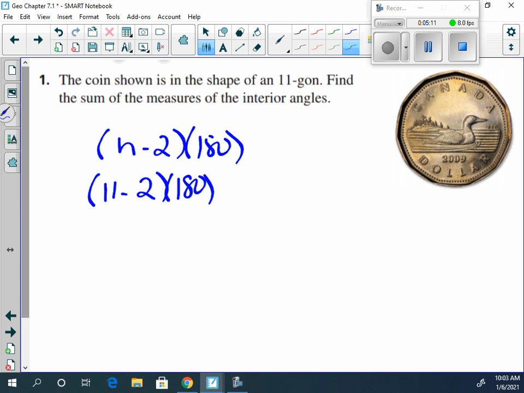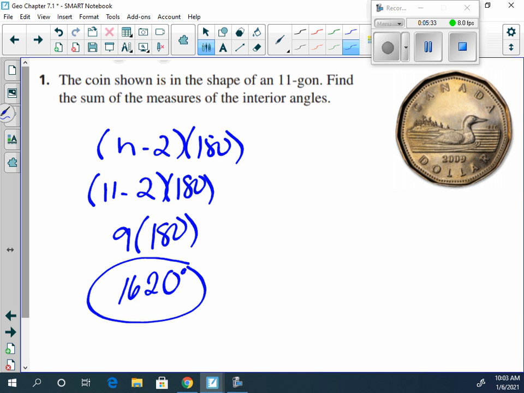If you want, you can type this in the calculator exactly as we see it: parentheses 11 minus 2, close parentheses, times 180, and it would give you the answer. Or if we did this by hand, 11 minus 2 would be 9. And then we can do 9 times 180, which is 0, carry the 7, would be 1,620 degrees, the same as if we typed it into the calculator.